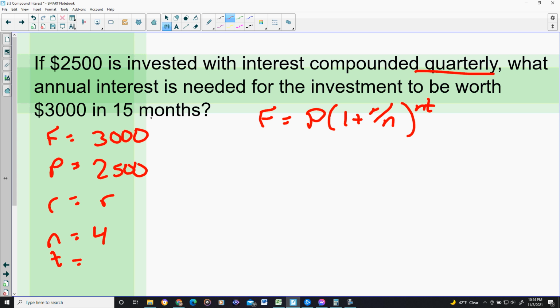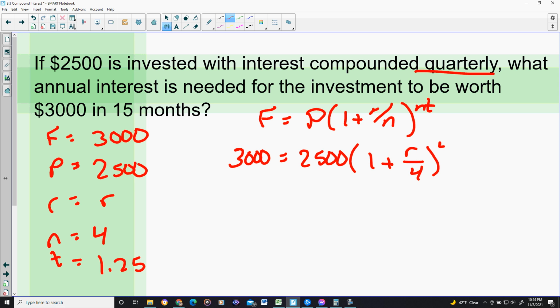Okay, so 15 months is 1.25 years. Again, you could do 15 over 12 if you'd like, but here it's a nice easy number to work with, 1.25. Okay, all we have to do is plug it in. 3,000 equals 2,500 times (1 plus R over 4) to the 4 times 1.25.